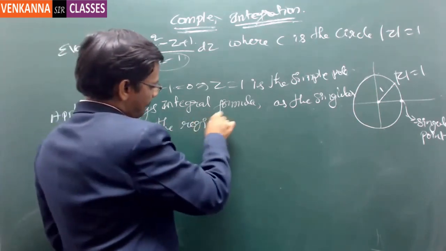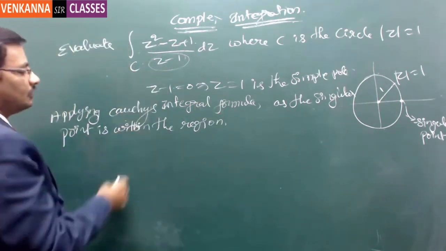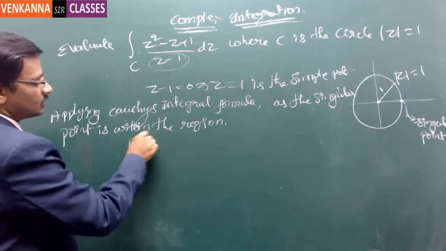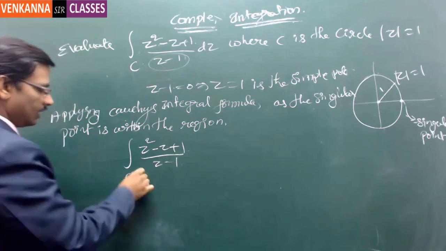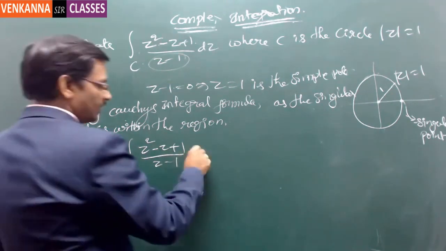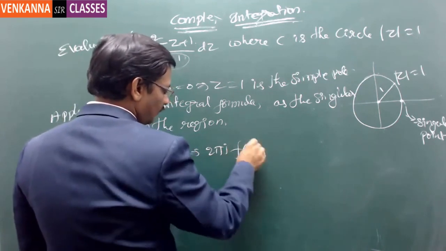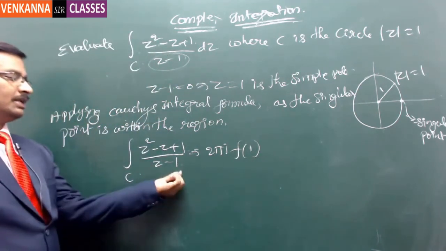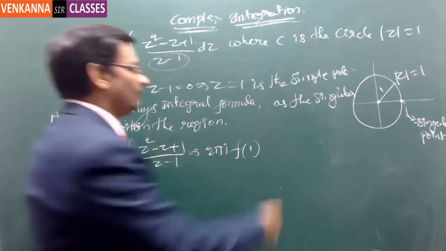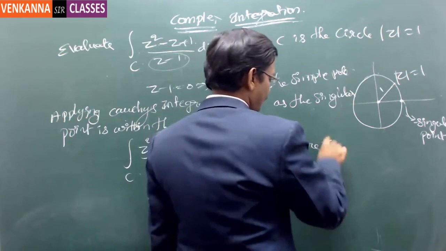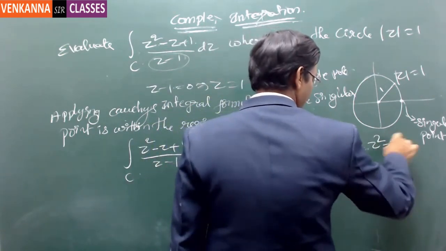Now here, the integral value is coming out to be: the integral of z square minus z plus 1 divided by z minus 1 over the contour C is nothing but 2 pi i times f of a, or f of 1, because z minus a where a is 1, where f of z is the numerator part, z square minus z plus 1.